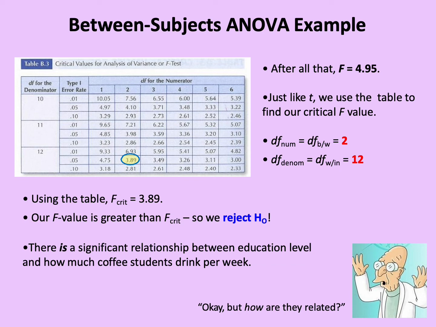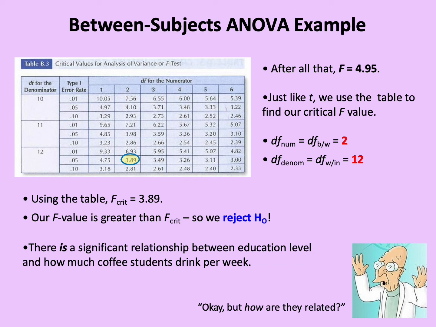And our alpha value, or our type 1 error rate, is going to be set to 0.05. So when we look in the 2 column and the 12 row, we get a critical value of 3.89.